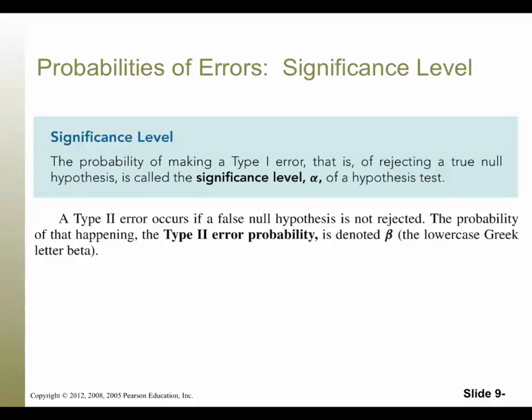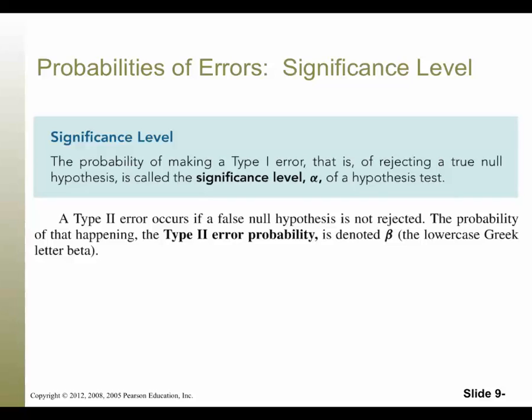Okay, so significance level. The probability of making a type 1 error, that is, rejecting a true null hypothesis, is called the significance level, alpha. So alpha is the probability of making the type 1 error.